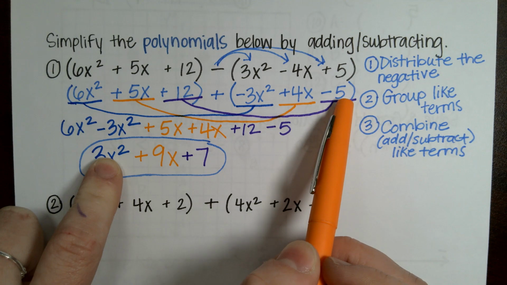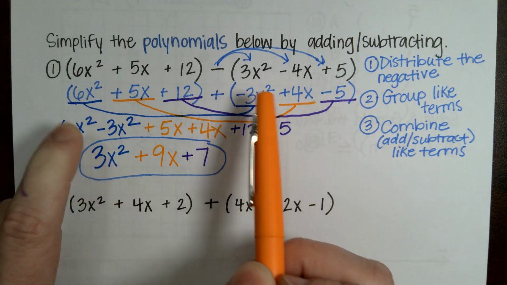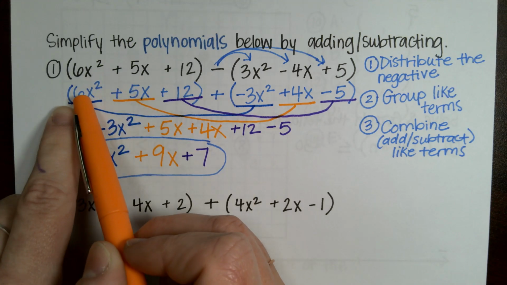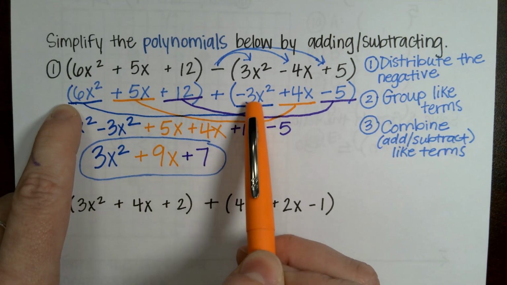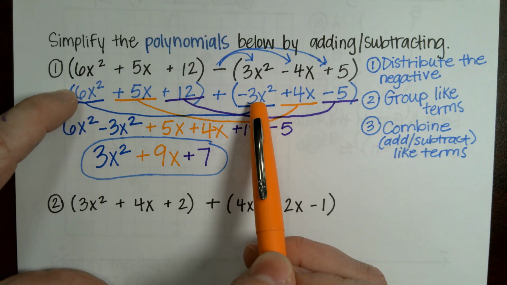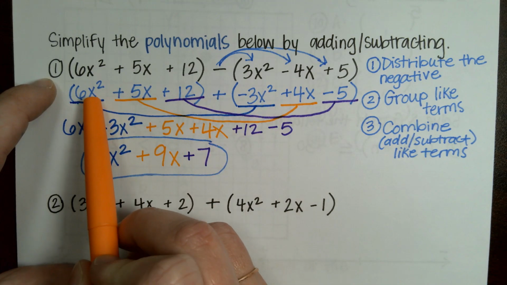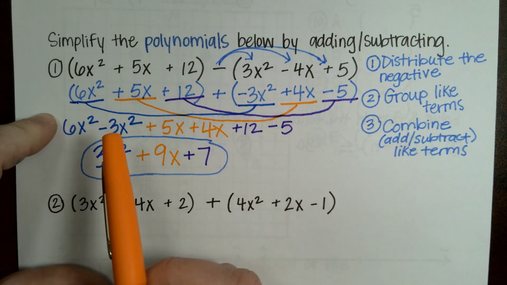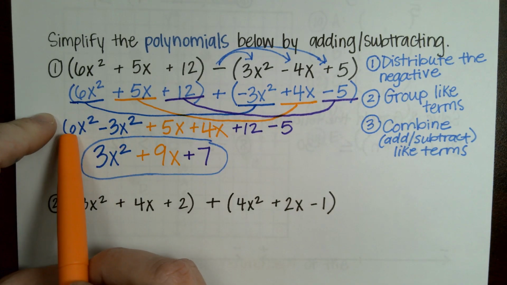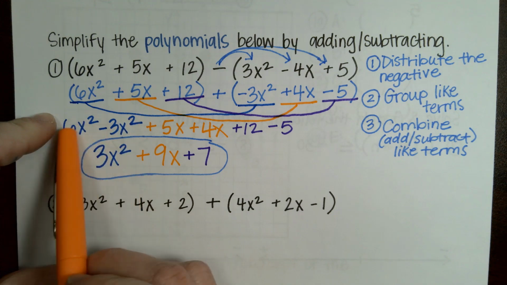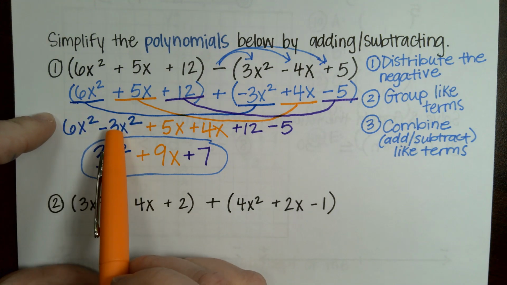Did you get that? Yes. Okay, perfect. Then did you group 6x squared with negative 3x squared? Okay, perfect. So when we have 6x squared plus a negative 3x squared, that's really just right under here, 6x squared minus 3x squared. Okay, or is that the part that might be confusing you?